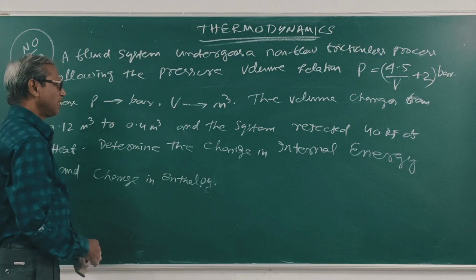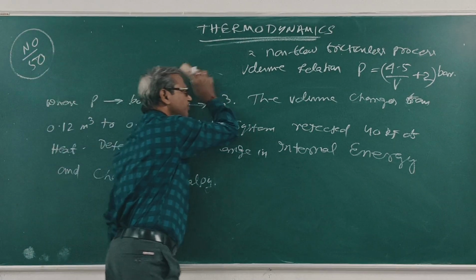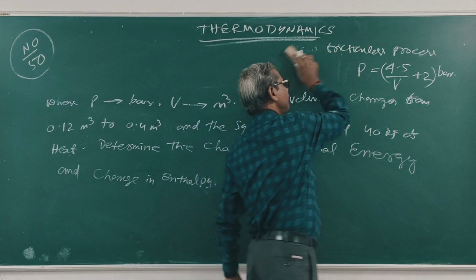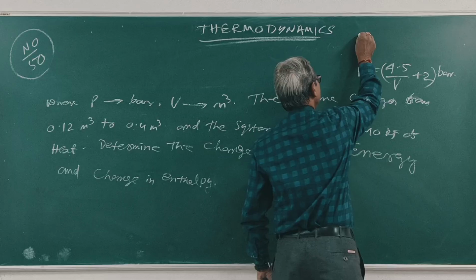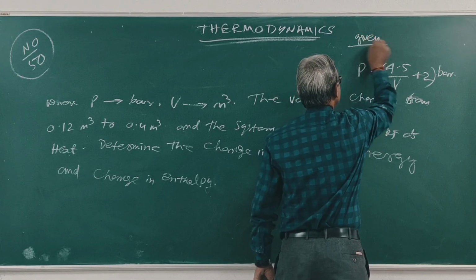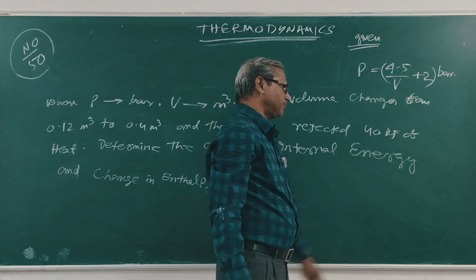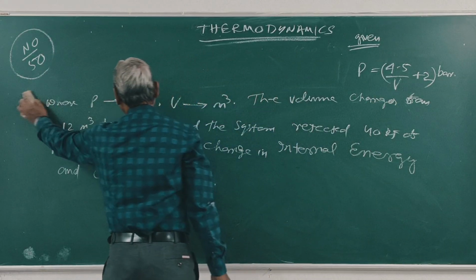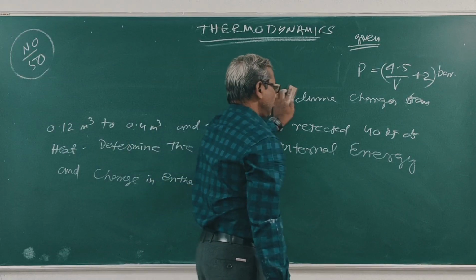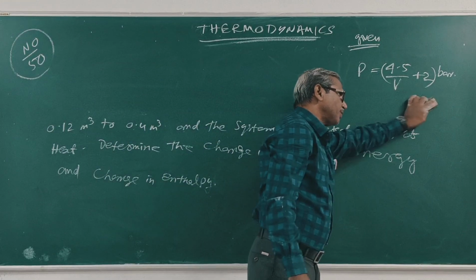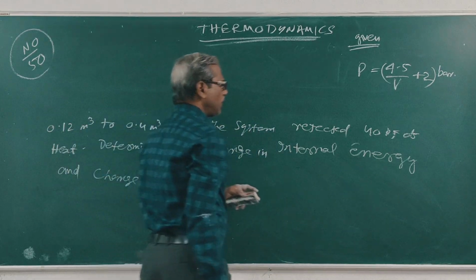Now given P is equal to 4.5 by V plus 2 bar, where P is in bar and V in meter cube. The volume changes from 0.1 meter cube to 0.4 meter cube.